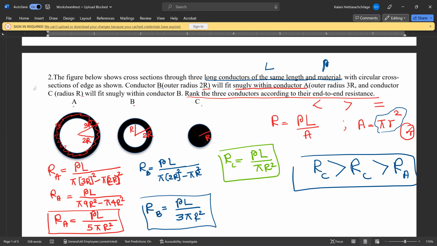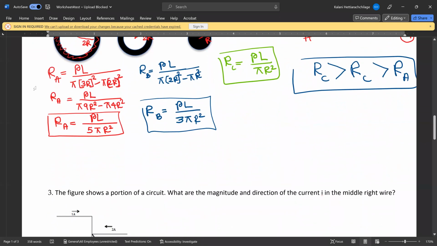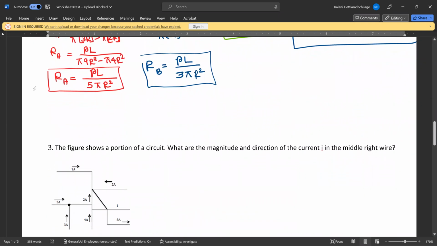That will be side length squared. So if you have side length A, your area will be A to the power 2. If you have a rectangular shape, your area will be A times B, right? According to that, you should be able to modify this question into different forms of the question.